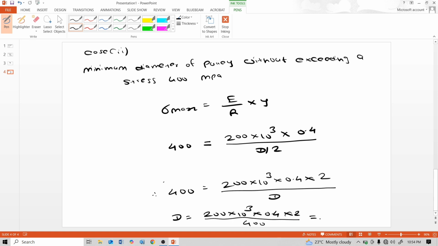Therefore d is equal to 400 mm. So a 400 mm diameter pulley is required for this 400 MPa stress.